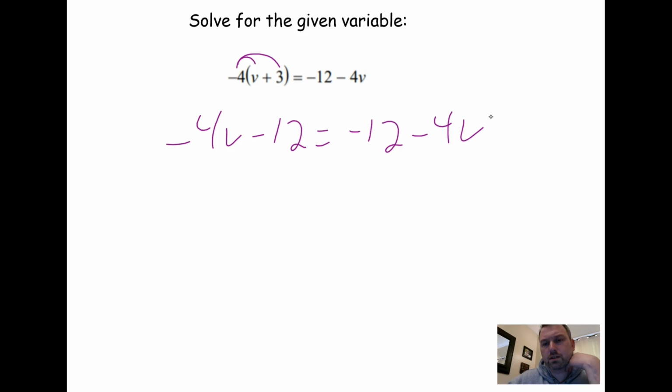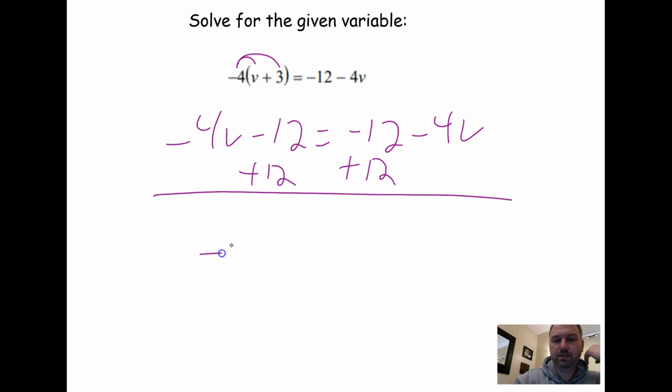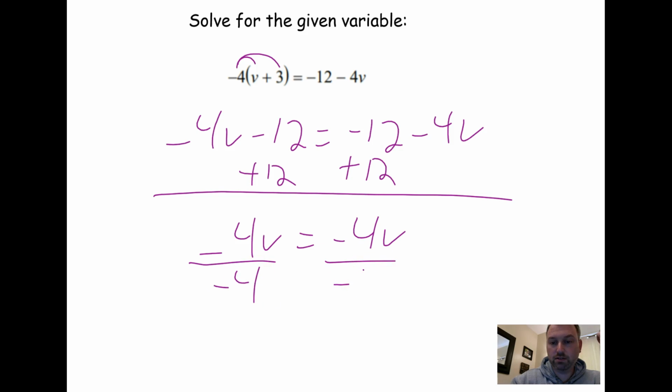But if you start solving it, I could add 12 to both sides. That gives me negative 4v equals negative 4v. And then I could divide both sides by negative 4. I get v equals v.